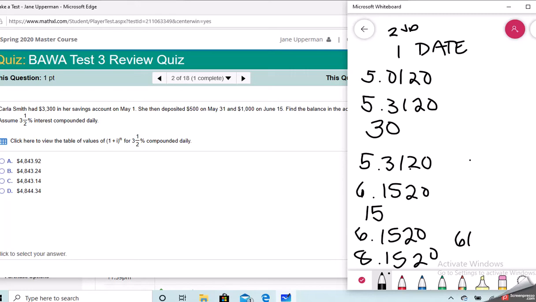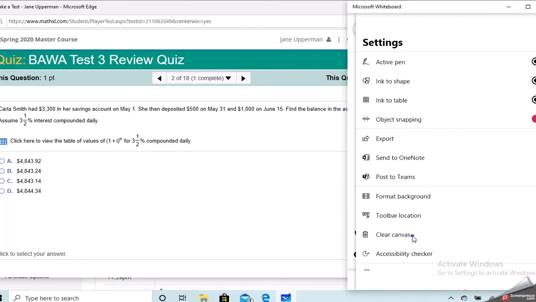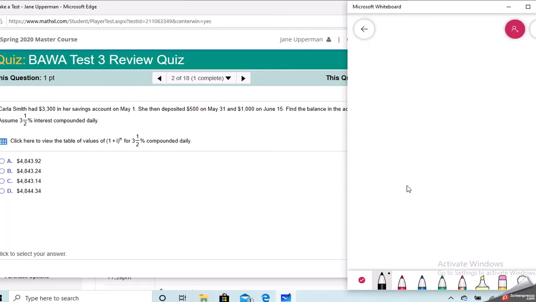Okay, then I'm going to clear my canvas again. Okay, then we'll come back and we'll start our computation. So for the first one, again, we're going to say we've got 30 days. So that's our N. Our IY is going to be 3.5 divided by 365, because that also needs to be a daily rate.